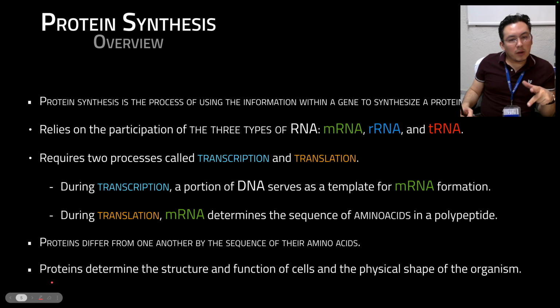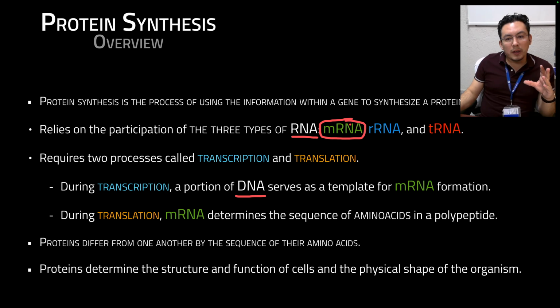Now, something else that is important to remember when we were talking about the different nucleic acids, such as DNA and RNA, is the 3 different types of RNA that we would have. We have the mRNA, the rRNA, and the tRNA, right? So M in mRNA stands for the messenger, which will be sending a message.